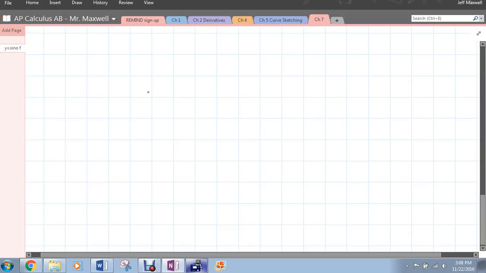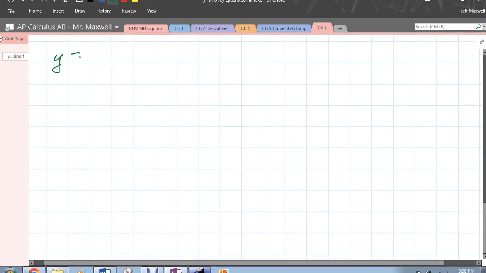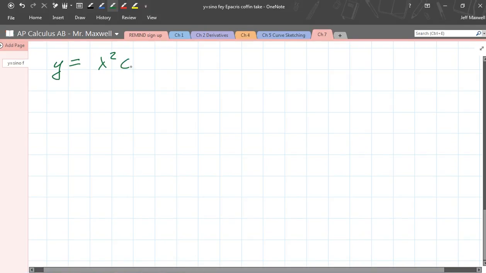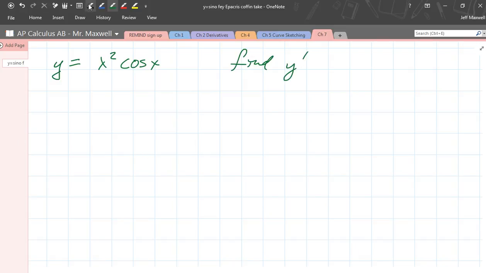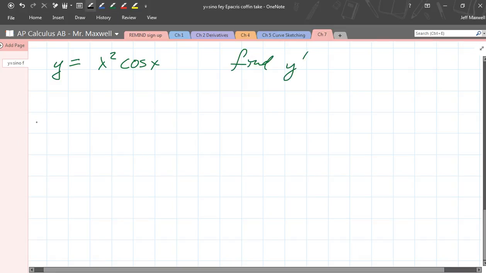All right, let's do, how about this one? y equals x squared cos x. Find y prime. Well, y prime is going to equal the derivative of this. Now, what is this? Is this a composite function? Obviously it's not addition of functions, but it's a product, right?